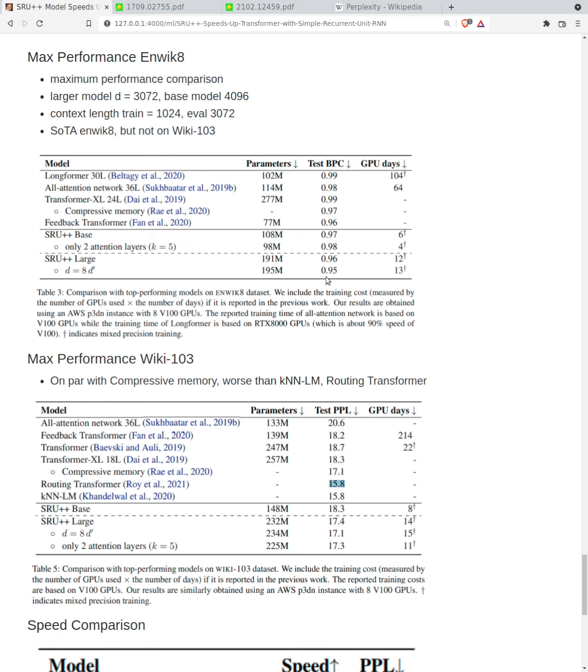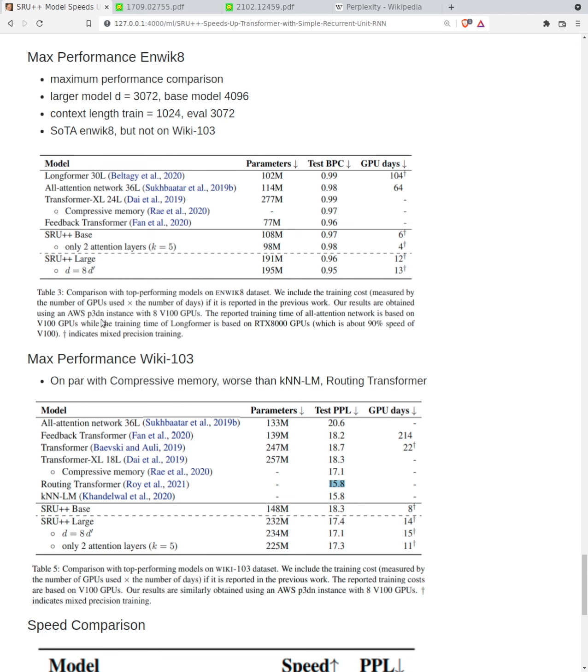The previous state of the art was the Feedback Transformer. I haven't mentioned this paper is from 2021. And compared to, for example, Longformer, they have 1/10 of the GPU days. That's amazing.